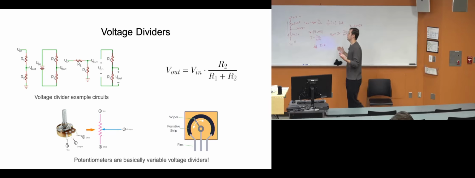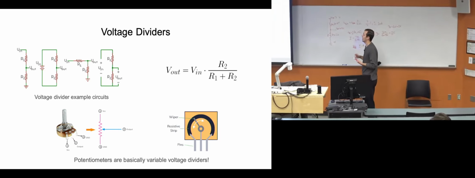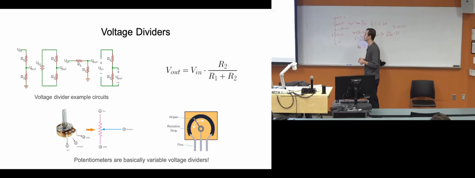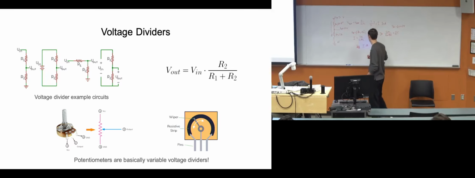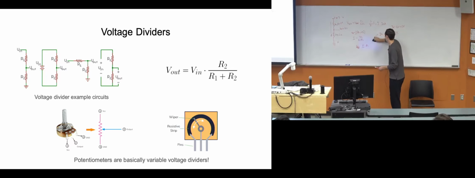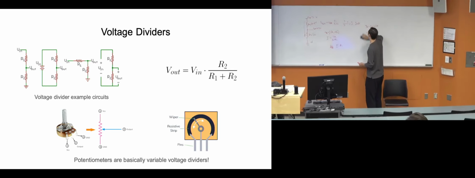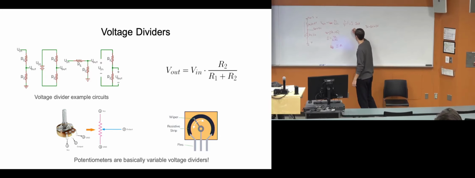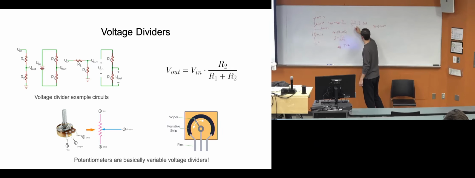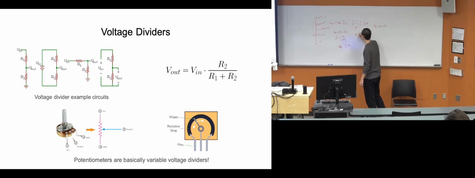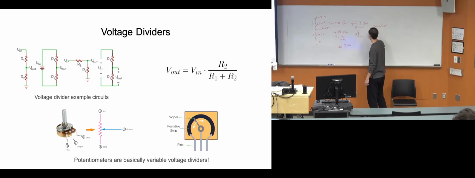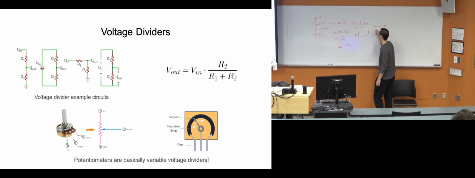OK. So let's say maybe your battery was 5 volts, and you wanted to get, let's say your CPU takes 3 volts. So you have your battery, 5 volts, 0 volts for ground. And we can just model it as a resistor.